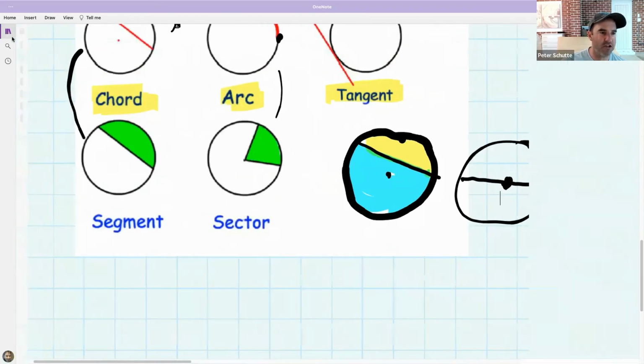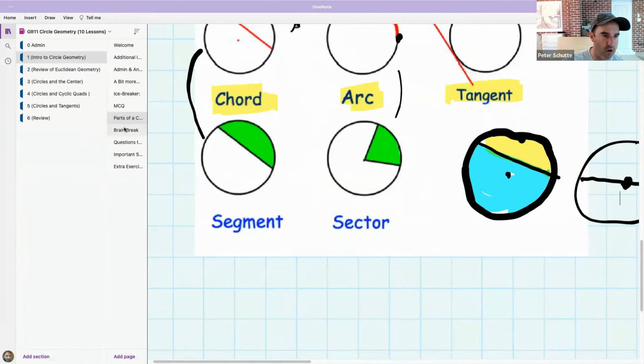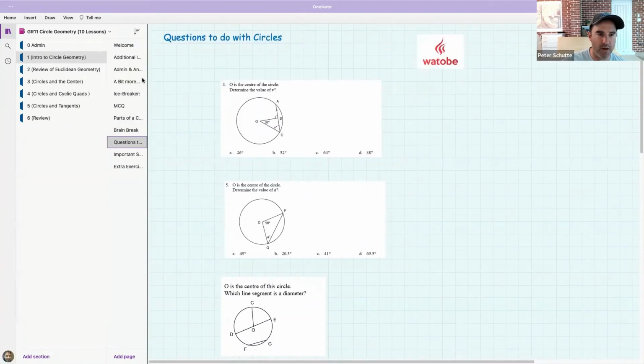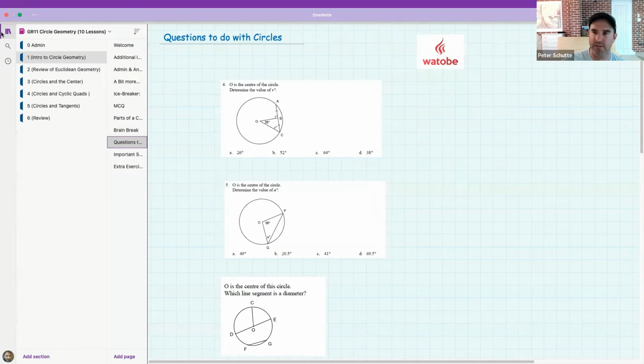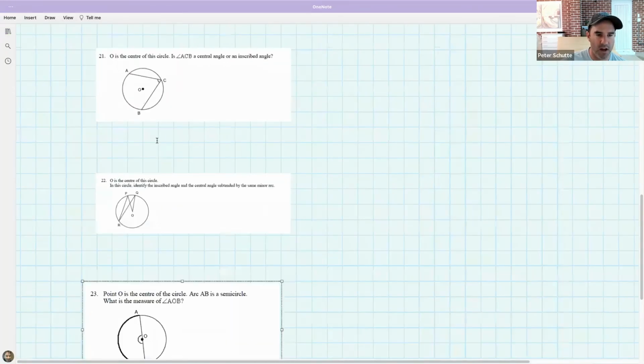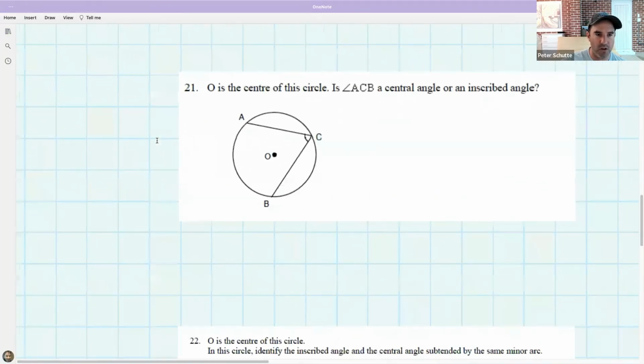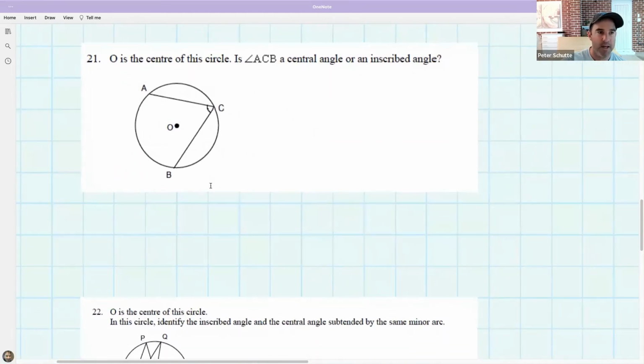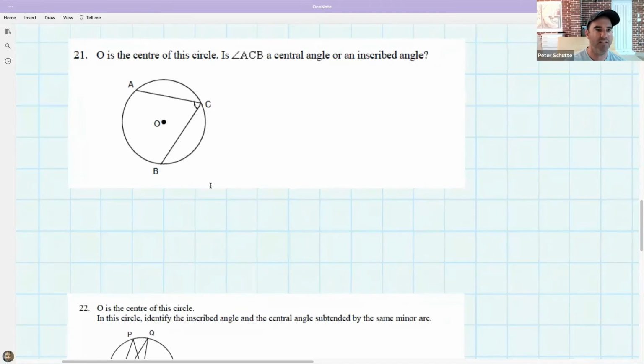That's enough about that. But I think it's good to just throw vocabulary in as we go. Before I finish the lesson, I want to ask you this question. And again, I know today's heavy on vocab, but it says here, O is the center of the circle. Is angle ACB a central angle or an inscribed angle?